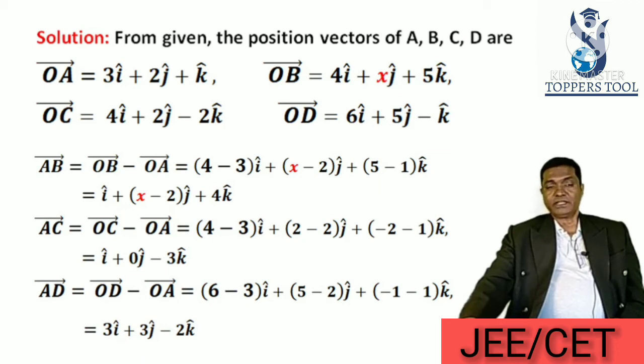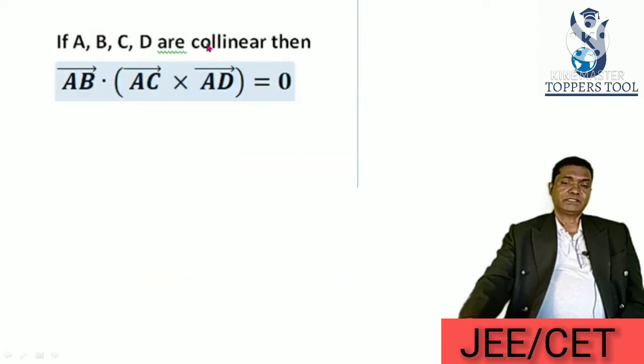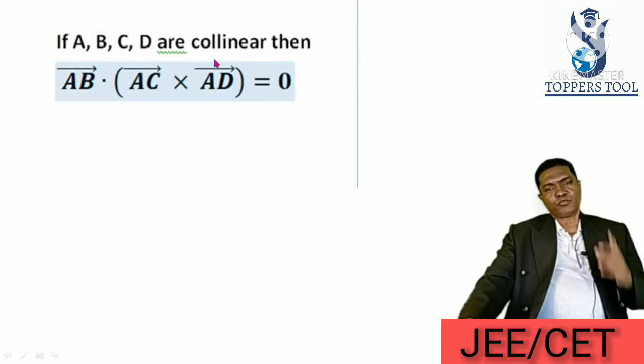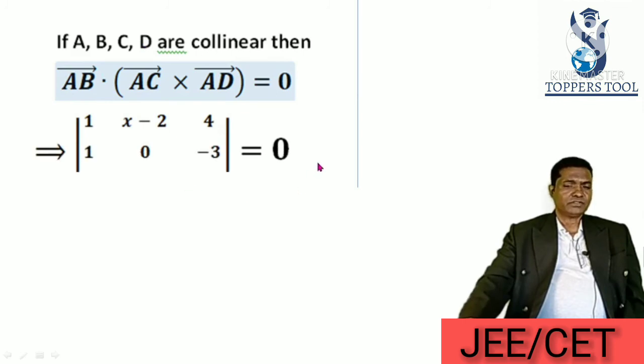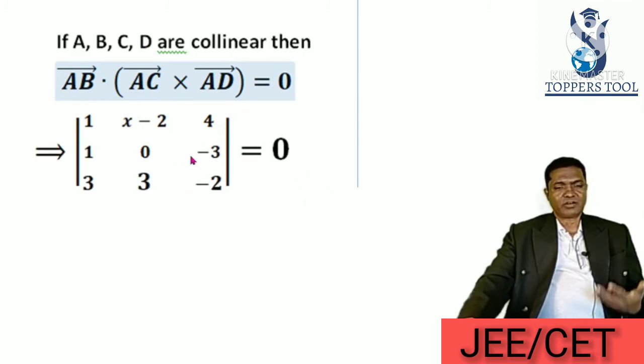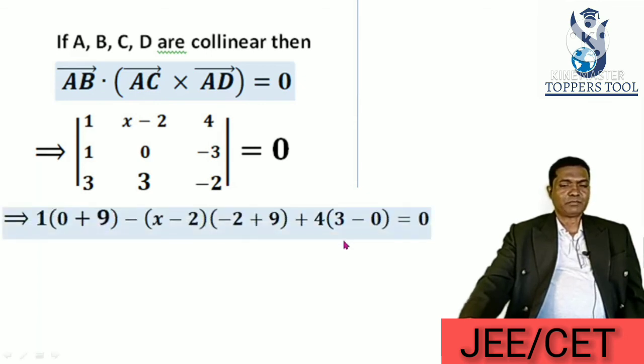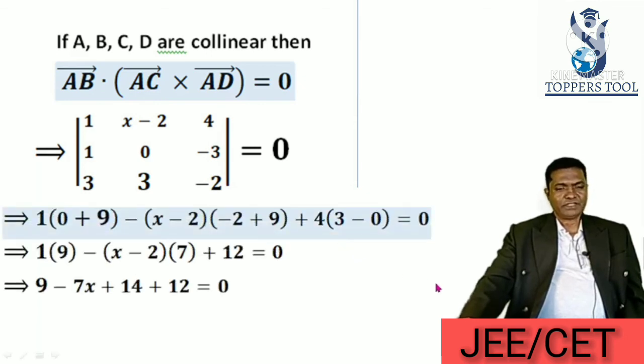Now you have to find the scalar triple product, and if the 4 points are coplanar, then the triple product is 0. That is, the determinant of this is equal to 0. Expand this and solve this determinant equation, and you will come up with the value of x.